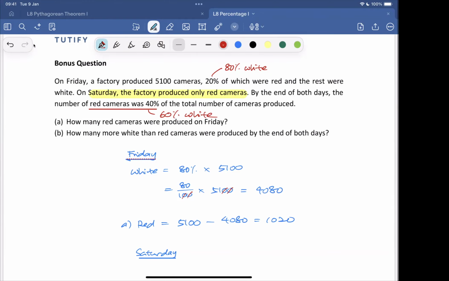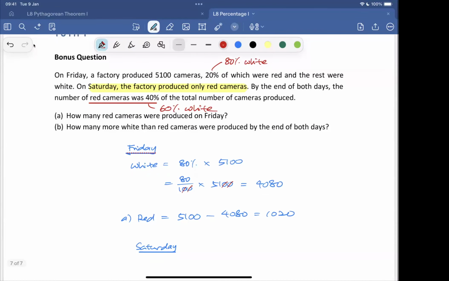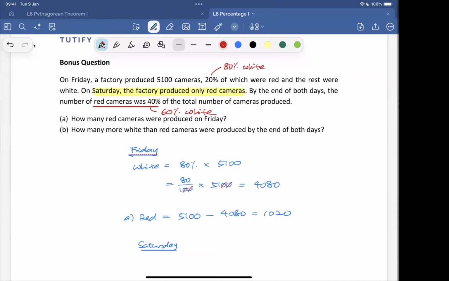So, on Saturday, they only produce red cameras. Did they produce white cameras? Yes or no? On Saturday, any white camera? No. They did not produce a single white camera, right? So at the end of Saturday, how many white cameras are there? Same number as Friday? How many do you have on Friday? 4,080, right? This is on Friday.